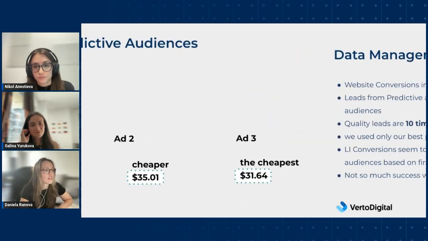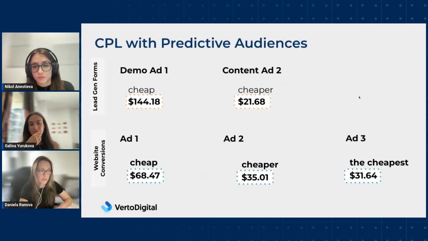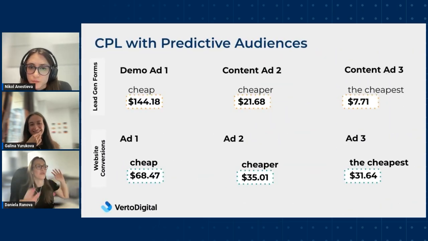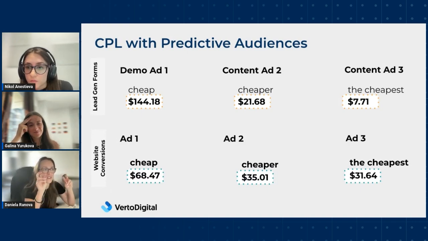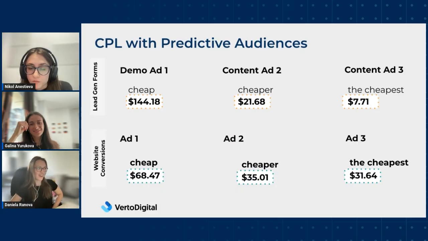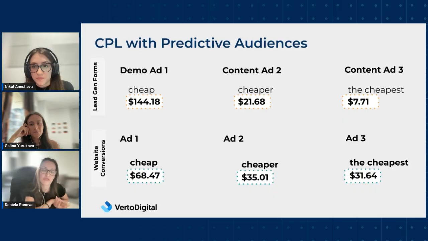This is an example of how expensive these leads could actually be, saying this sarcastically, because this is an example of how they look. For example, the lead gen forms, a demo, which usually gives us quite a high quality lead, is around 144 as a cost.